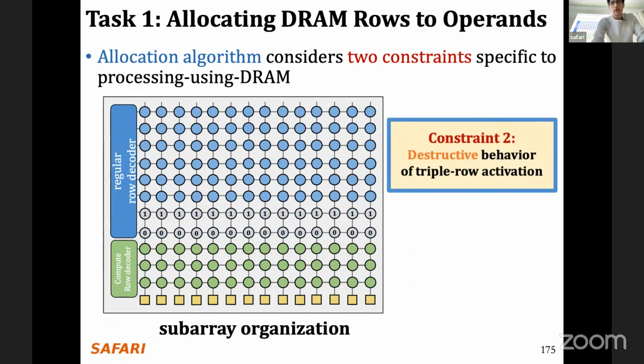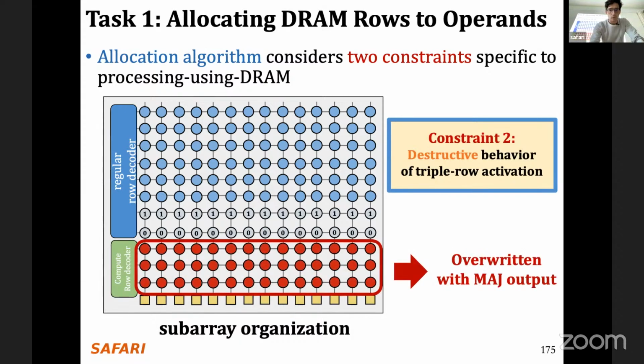Second one is that the triple row activation operation has a destructive behavior. Because if I have here 0, 0, 1, after activating the 3 rows, because the majority result is 0, the 3 cells will contain a 0. So I'm destroying the original values, the original bits there. And that's also something to be taken into account when performing the allocation of operands to rows.